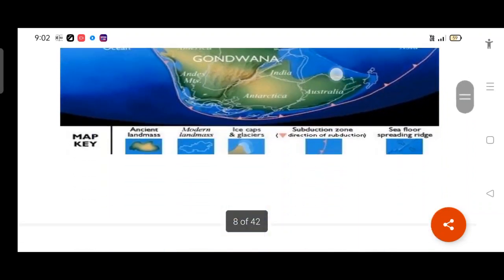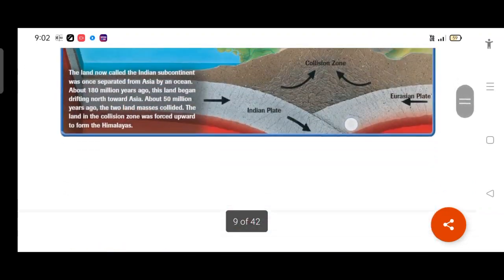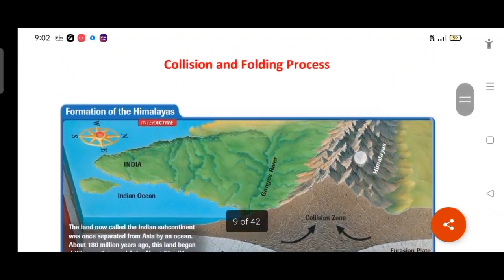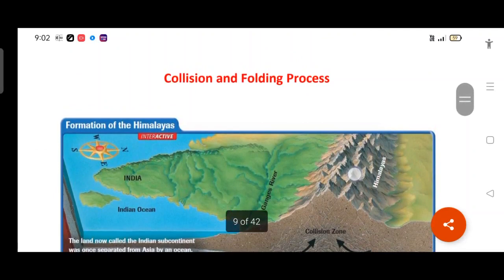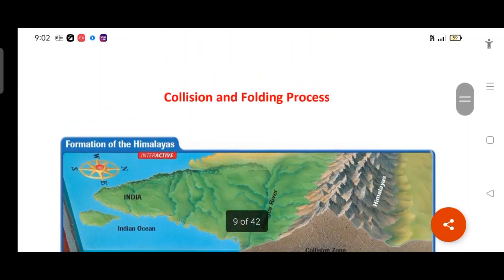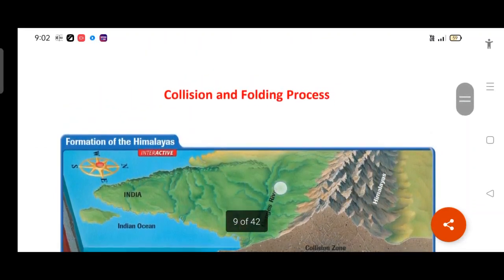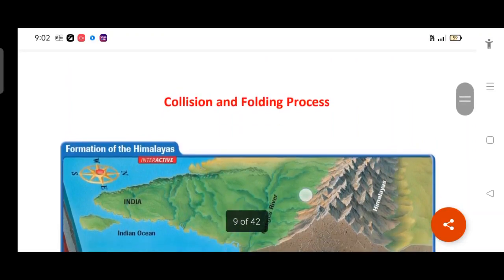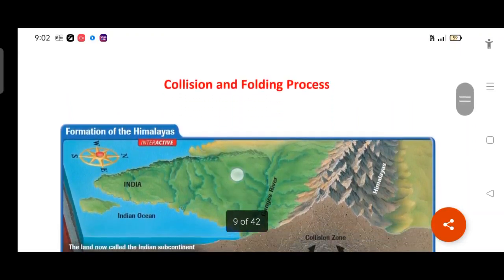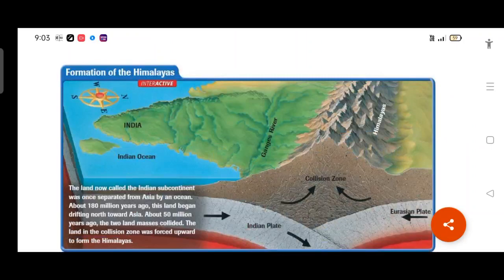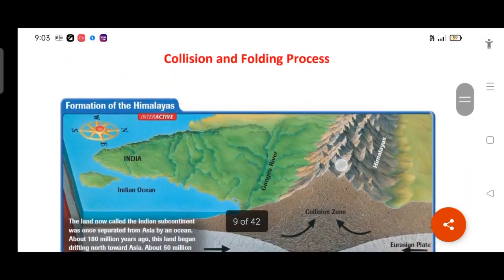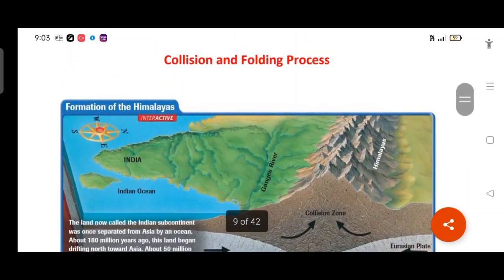This layer was like this. Why was it formed? It was formed due to the movement of the Indian peninsular plate. What are these elements?